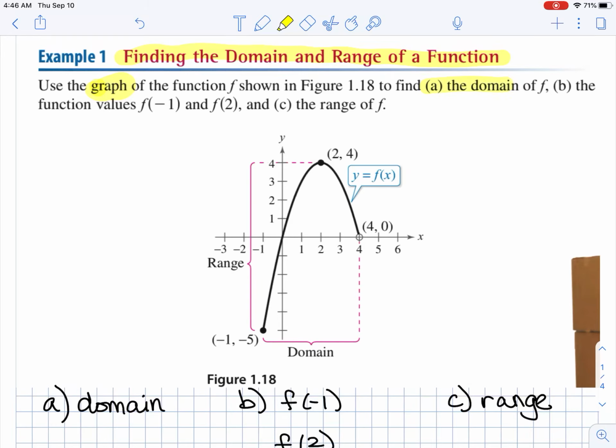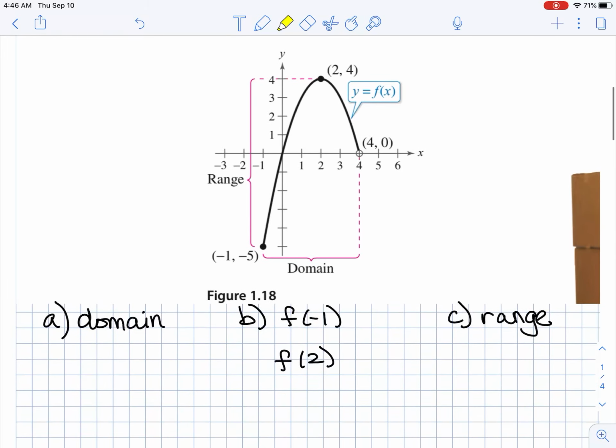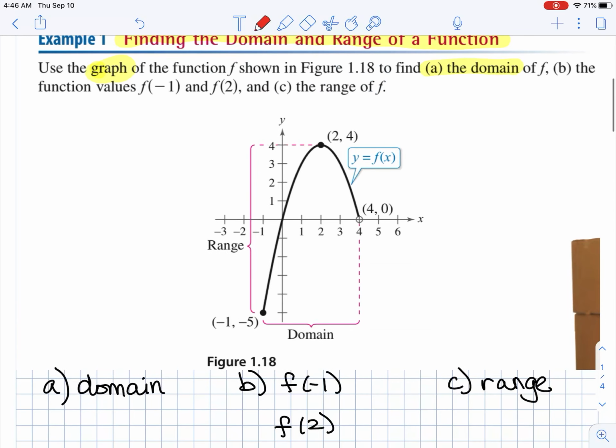So for part A, we're going to find the domain. Remember, keep in mind that the domain values are the x values. This is kind of hard to follow sometimes because our x values are right here along the x-axis.